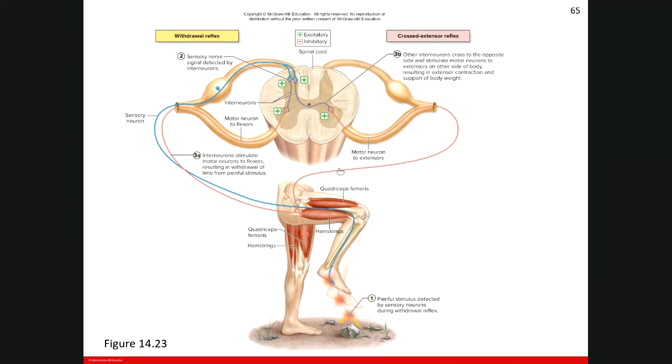This second reflex, which you can see here, is called the contralateral reflex because the painful stimulation is on the right side of the person, but the left quadriceps femoris shows the response. We call it contralateral. So the crossed-extensor reflexes are contralateral reflexes. They are somatic, spinal, and innate.